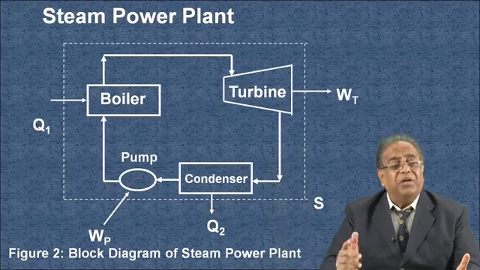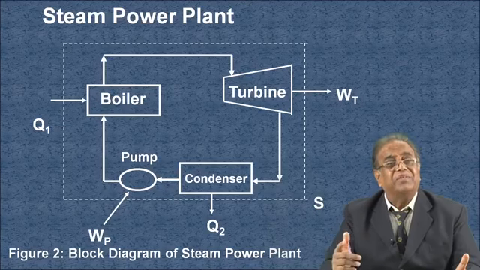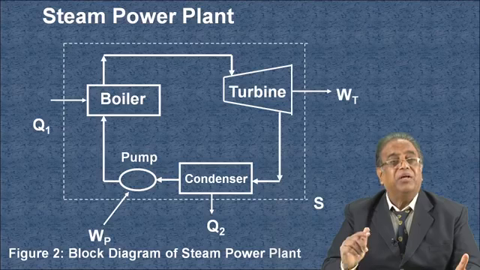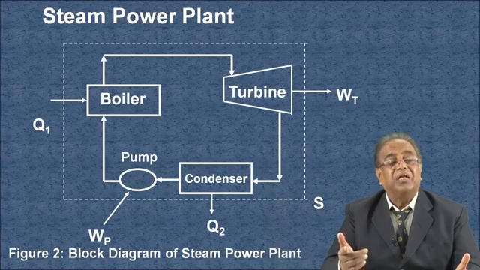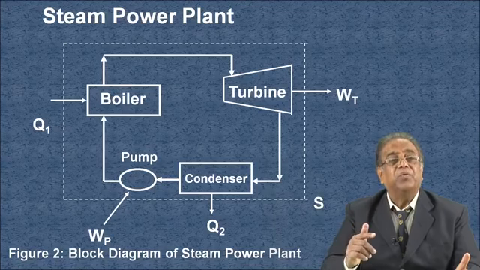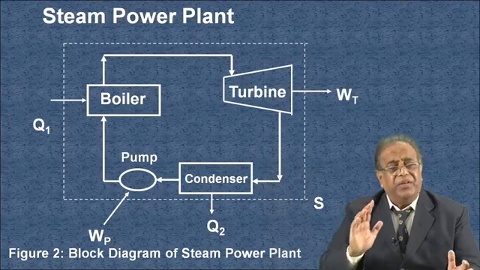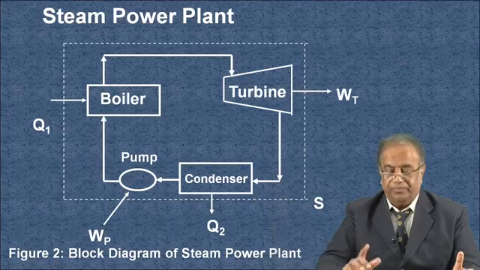As far as the work is concerned, the conventional sign convention is that the work done by the system is considered as positive. Obviously, WT will be considered as positive work and work done onto the system is considered as negative. So, WP will be considered as negative. With this sign convention, we will proceed further for the detailed discussion of steam power plant.